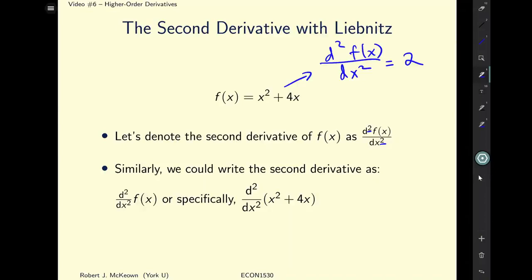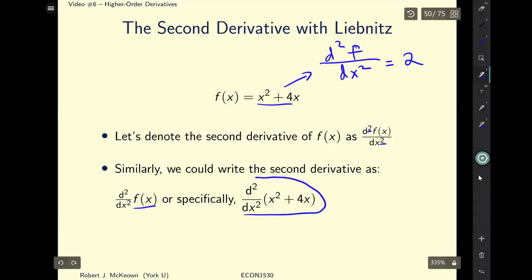There's also some alternative ways we could do it. So you see down here, I could drop that extra x and just have the f there. We could have the f of x off to one side like that. And then if we have an actual function like this one, I could write it like this if I was so inclined.